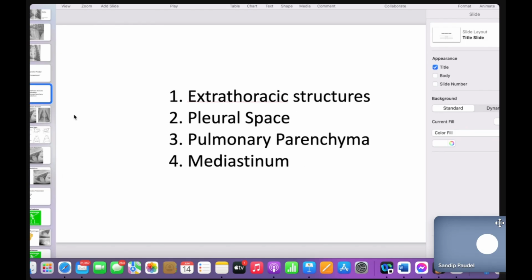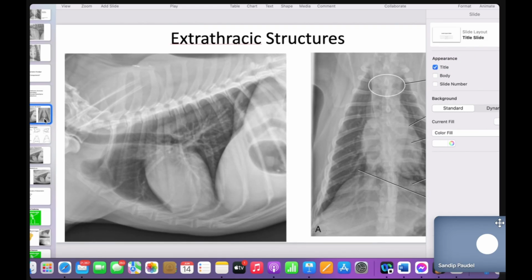First is extrathoracic structure, and then the pleural space, pulmonary parenchyma, and the mediastinum. Extrathoracic structure is not that difficult to understand. All the parts, bones and muscles, and everything that stays outside of the thorax, we consider extrathoracic structure. Why I'm stressing this?